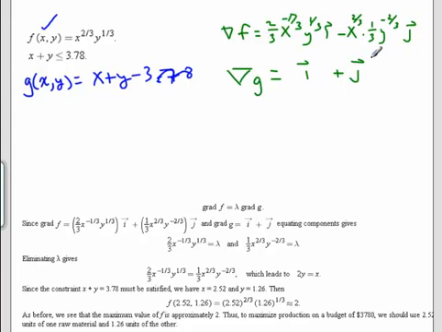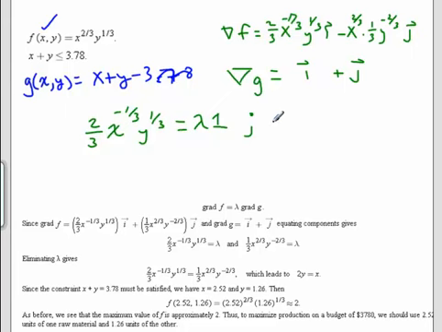So what we know is that this system will be maximized when 2/3 x to the negative 1/3 y to the 1/3 equals lambda times 1. So this is the i component of grad f, equal to lambda times the i component of grad g.